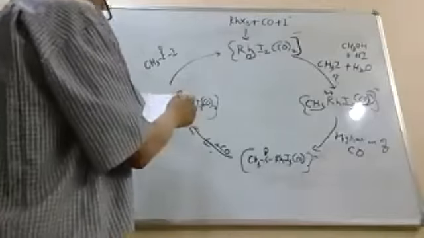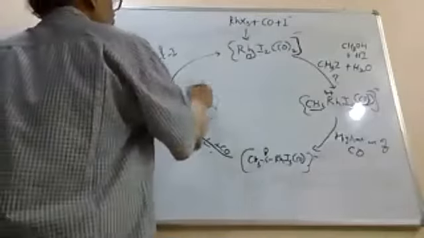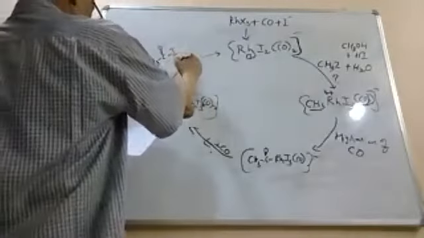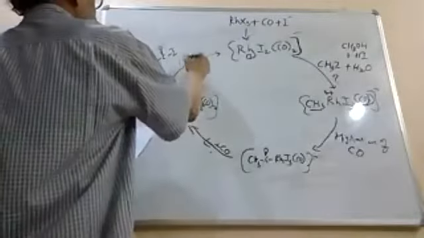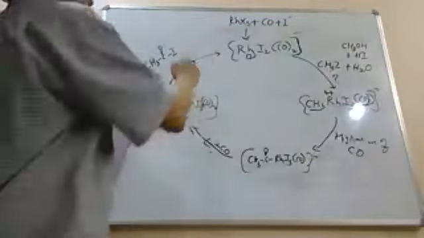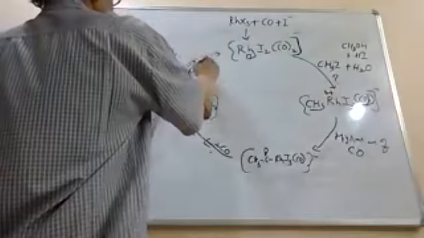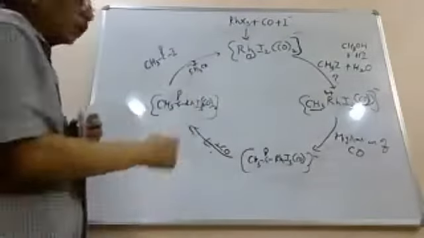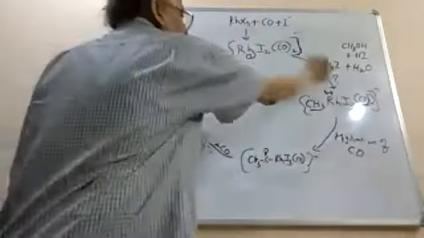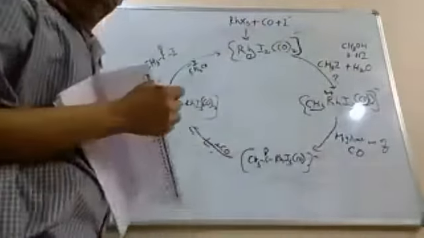And once that happens, what's happening here is the iodo group is eliminated. So it's basically minus I and minus CH3CO. These two are gone. So what happens is now you get back to your original catalyst. And that catalyst again enters the cycle.